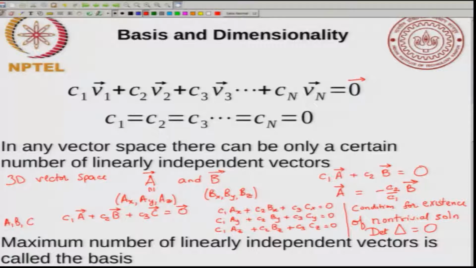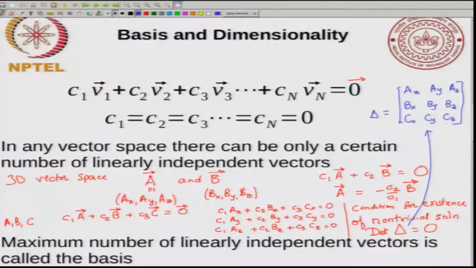I will just write determinant of delta equal to 0, and what is this delta? Delta is this matrix: Ax, Ay, Az, Bx, By, Bz, Cx, Cy, Cz.